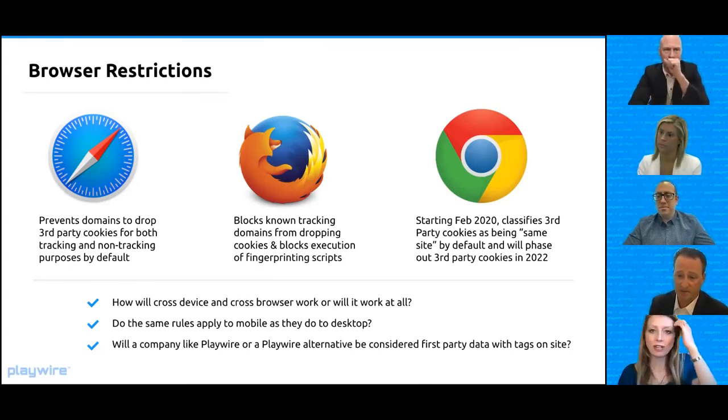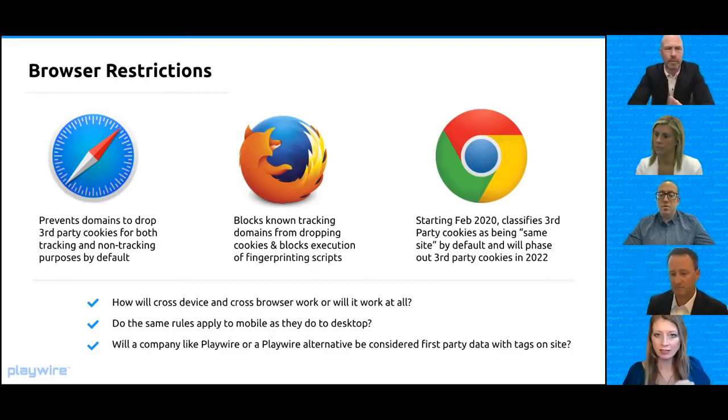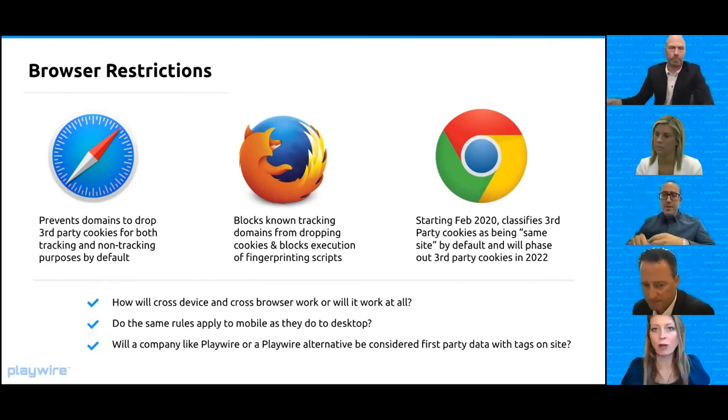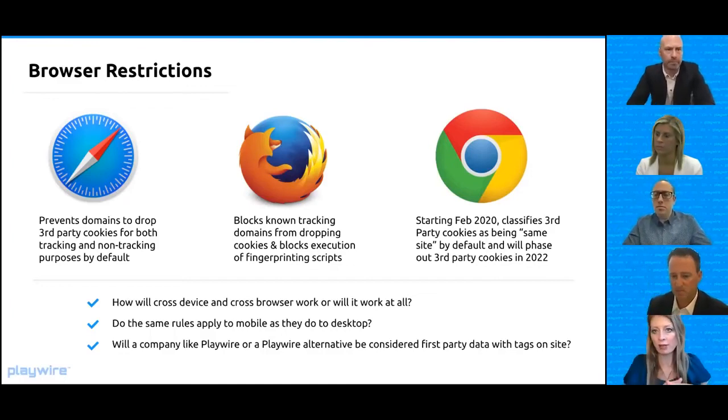I think that's a great question, because there are some IDs that only work with the publisher that's dropped their IDs. They only work within the walled gardens of that individual publisher. So an ID solution like ours, like both of us on this call, works across multiple different websites, so that you can frequency cap across not just all the Playwire publishers, but all the publishers in the US or all the publishers around the world.